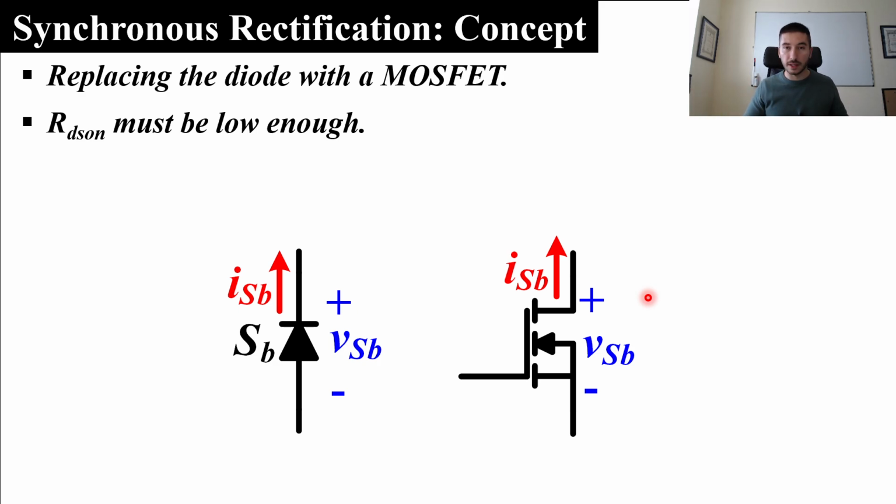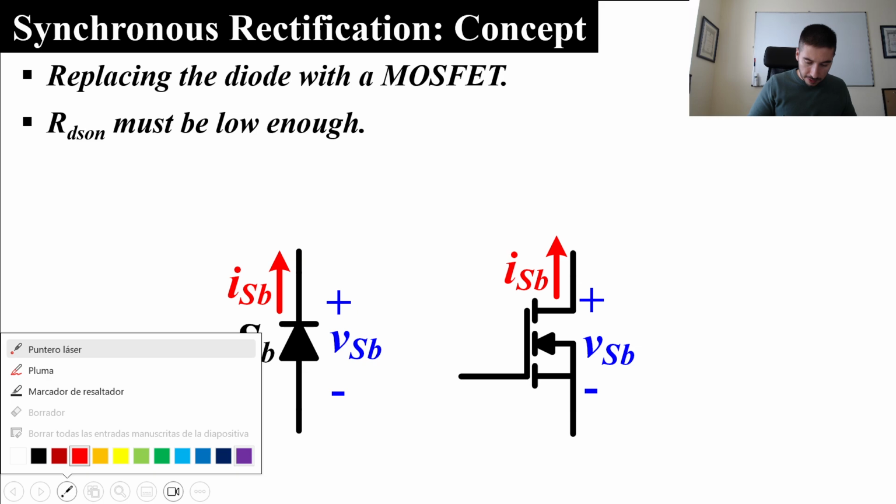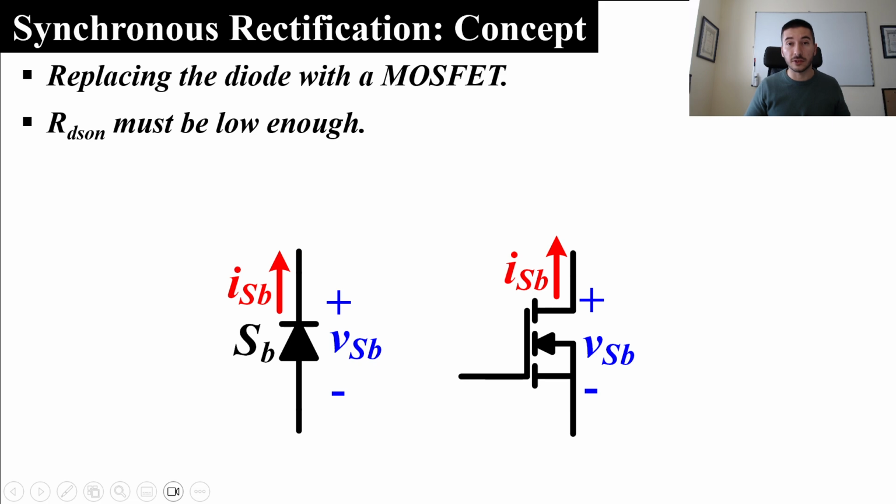I will explain that in more detail. When the diode is in on-state, we model that operation as a voltage source whose value is VF, the forward voltage drop, which in the case of the Schottky diode was 0.5 volts.